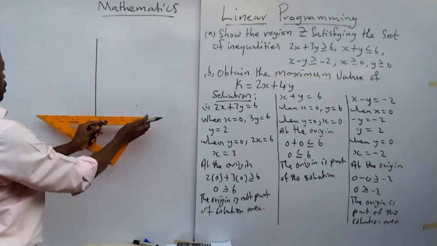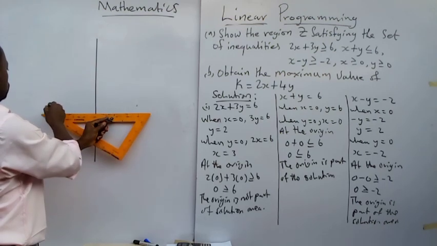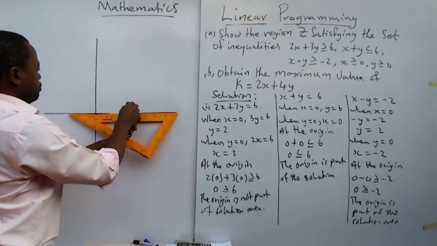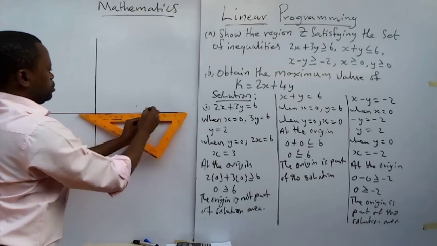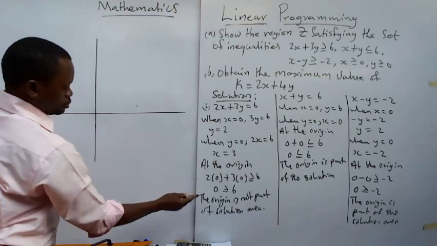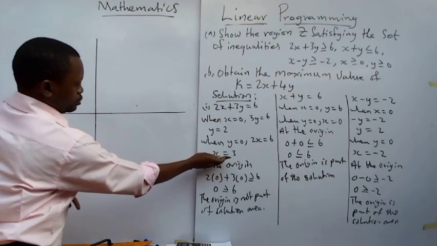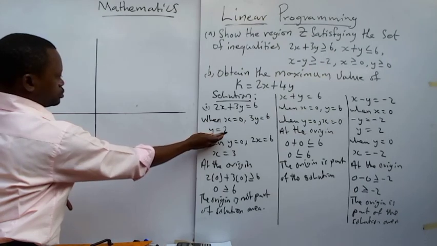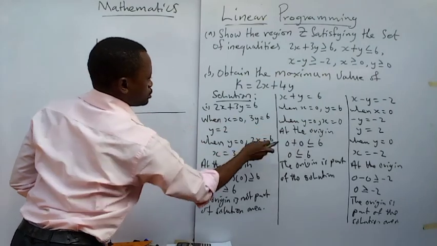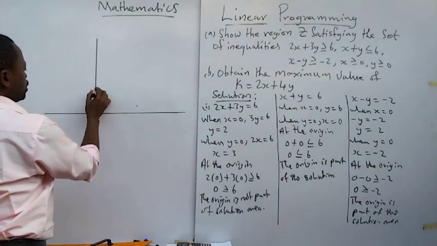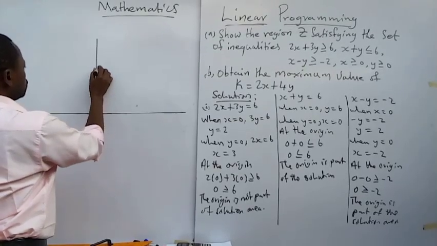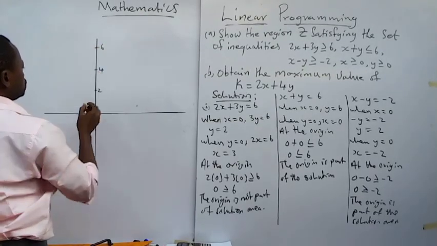Now the points I have there from this one, I have x being 3, y being 2. And I have over here 6 and 6, y 6. Let me say somewhere here is let's say 2, 4, 6.